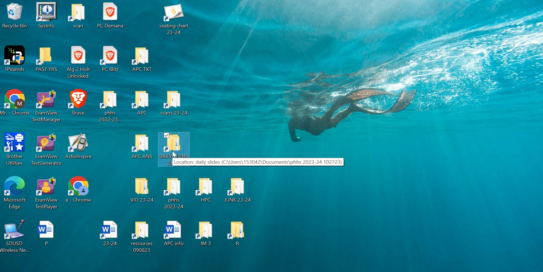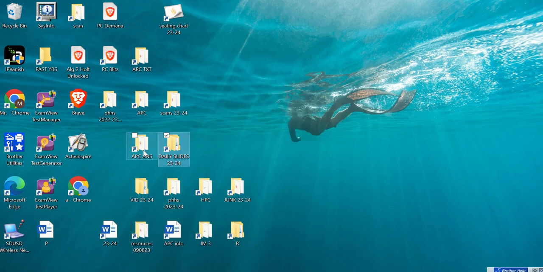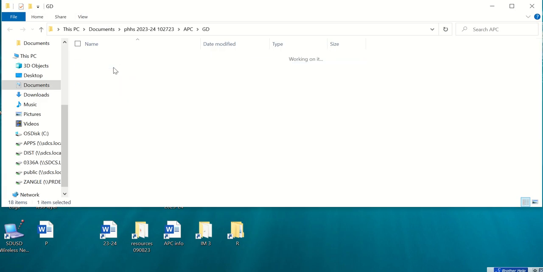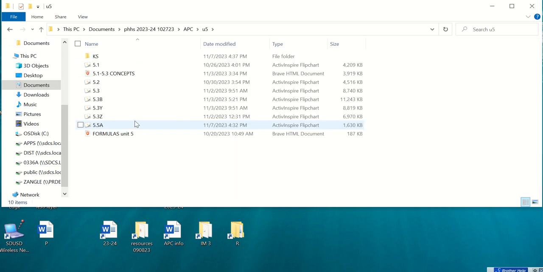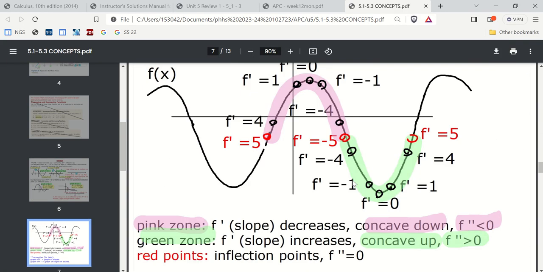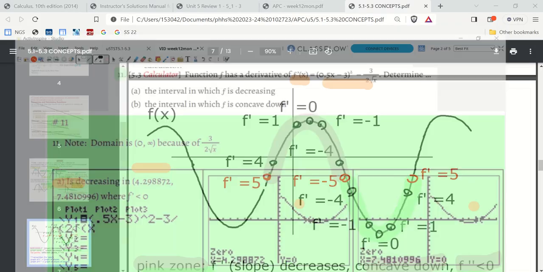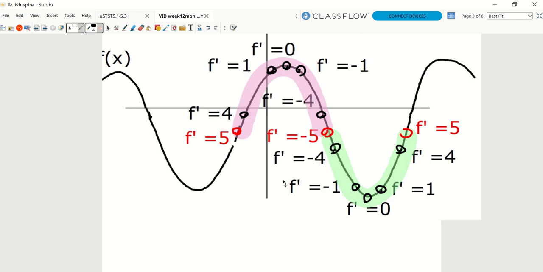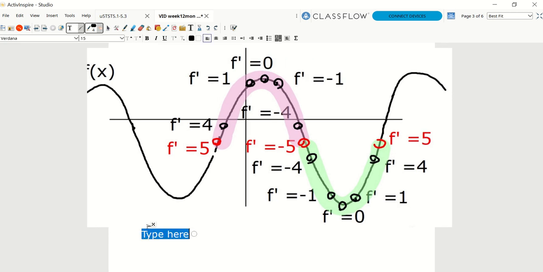if you take a look at this slide over here, where did I put it? I think it was in Unit 5, key concepts here. If you look right here, this graph is concave down at the pink, and this is where slopes decrease.